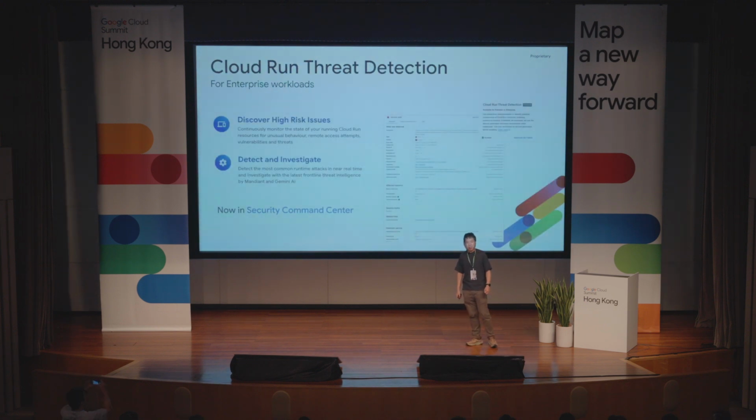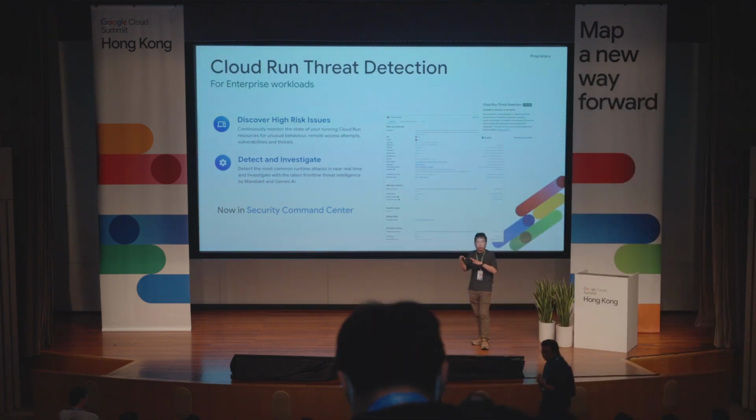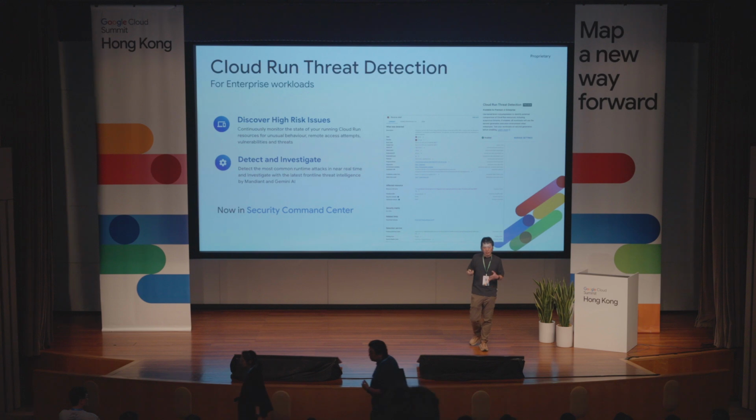And Cloud Run threat detection continuously monitors the state of your running instances, and if there's any unusual behavior, let's say remote access, vulnerabilities, etc., you can detect and investigate that. And it's integrated with Security Command Center so that you can resolve any immediate security concern there.